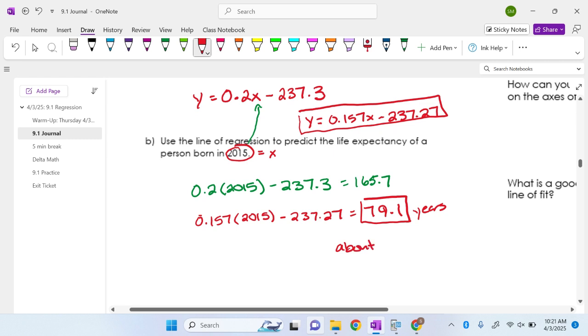A lot of times you want to round in terms of what makes sense. For example, if you're talking about age, you may want to round to the nearest whole number of years. It just depends on the context. So, yes, 79.1 years, but you could also just say about 79 years because it's pretty close to that.